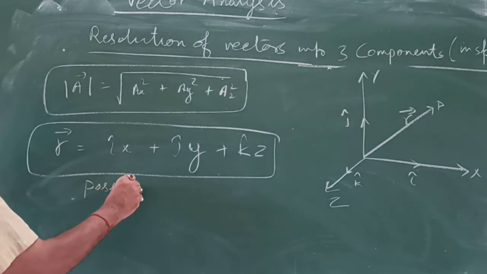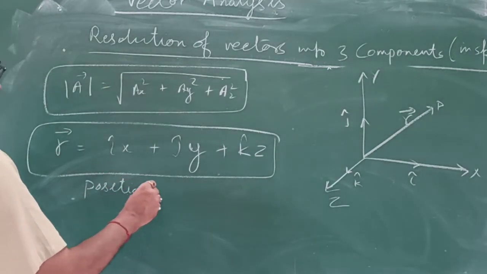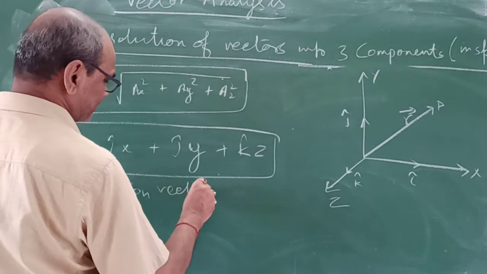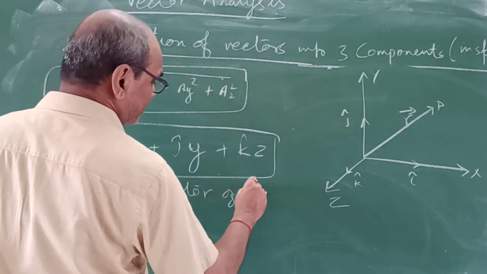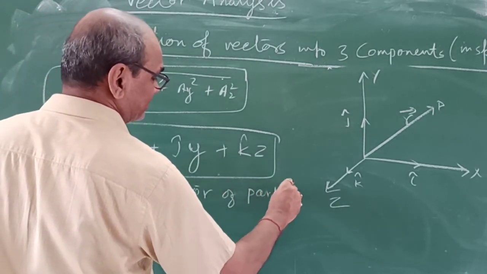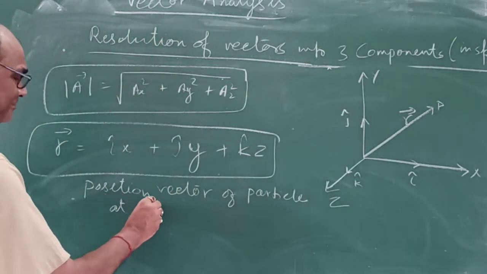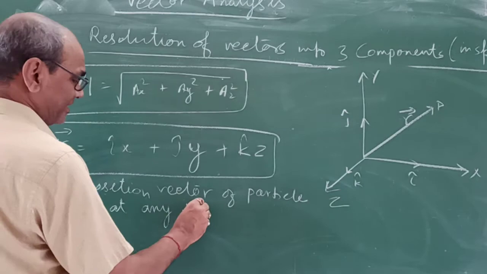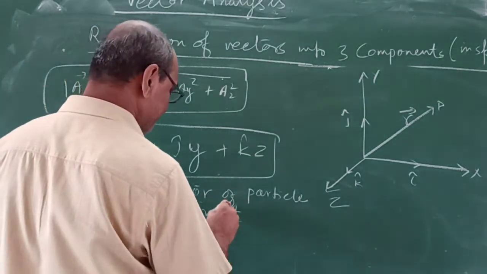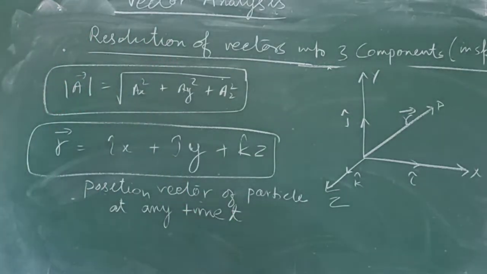Position vector of the particle at any time t. At any time, if we write in magnitude, then what do we say?